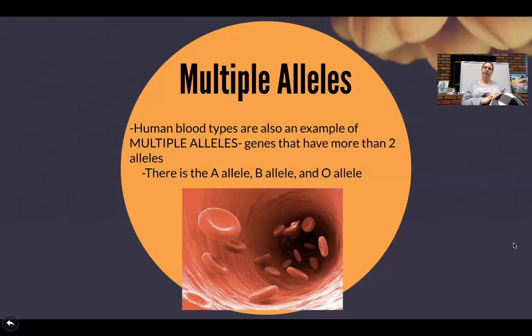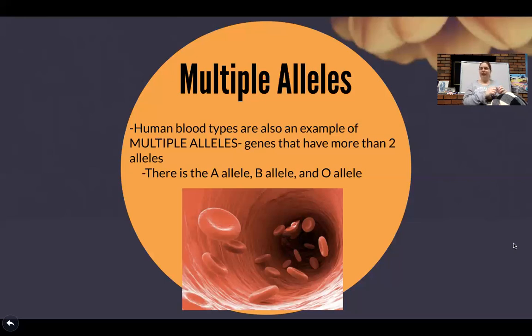Again, we're just talking about blood type. We're not getting into the Rh factor, the positive or negative, because that's controlled by a completely separate gene. So as a result, you can have 1, 2, 3, 4, 5, 6 different allele combinations from these 3 alleles.